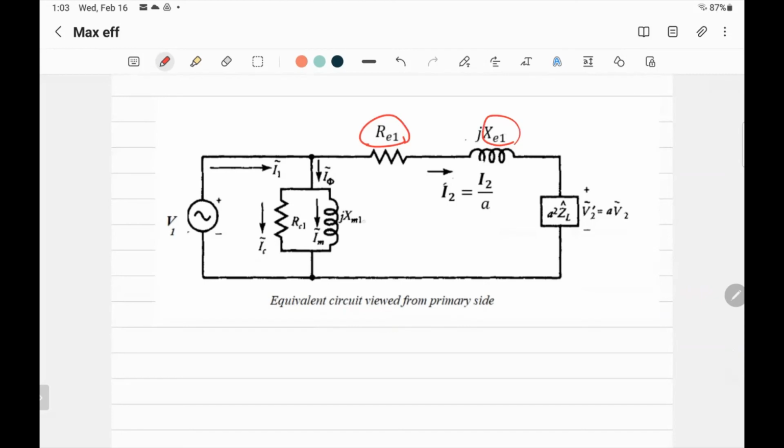That's the parallel branch that you get in the lab from the no load test or open circuit test. That's RC1, the equivalent core loss resistance, and XM, the magnetizing reactance of the transformer. The question is to find the core loss resistance, which is RC1. How do we do it? How can we calculate RC1?